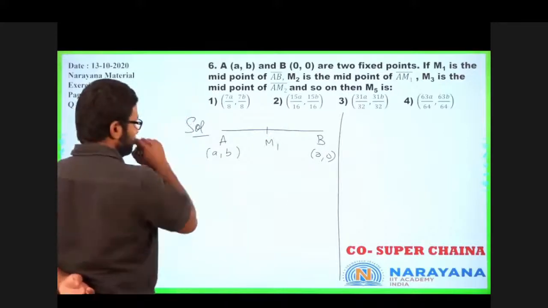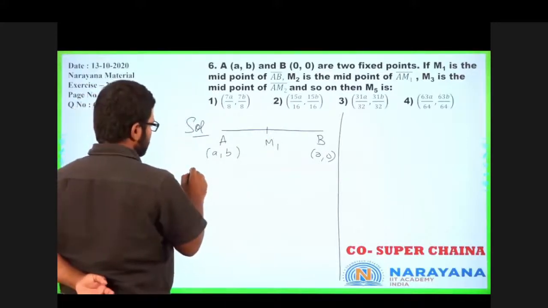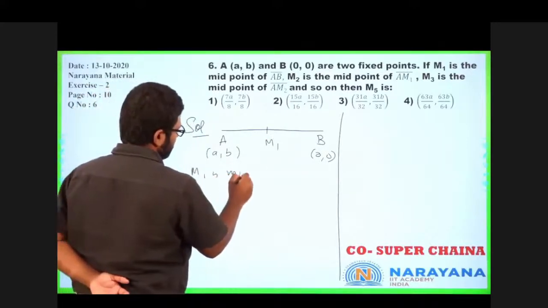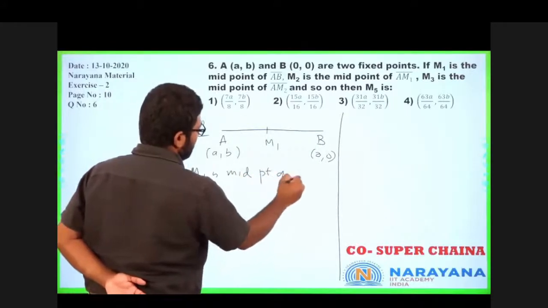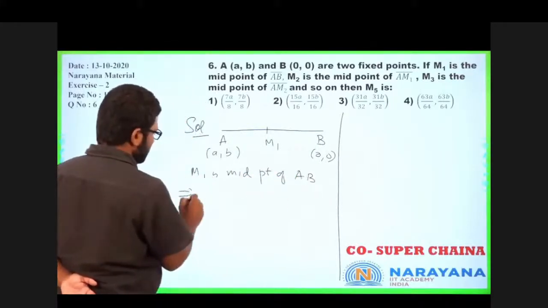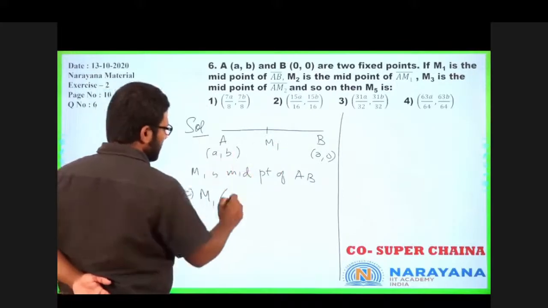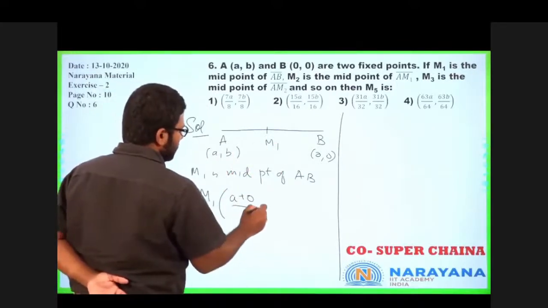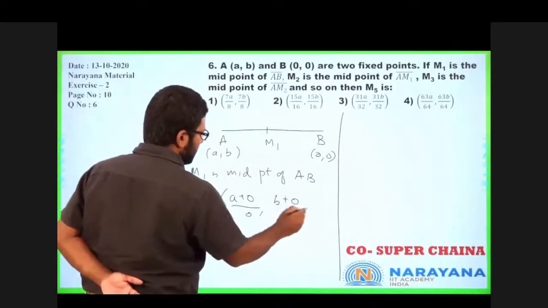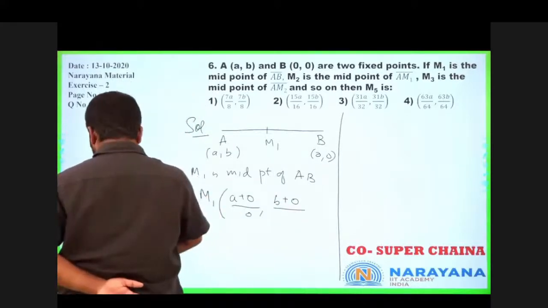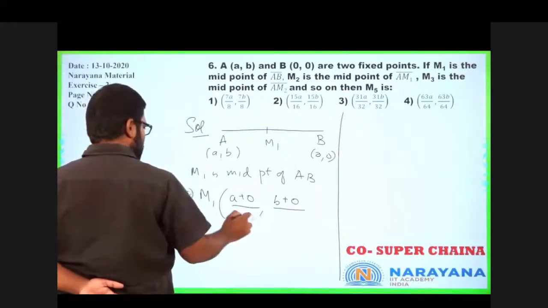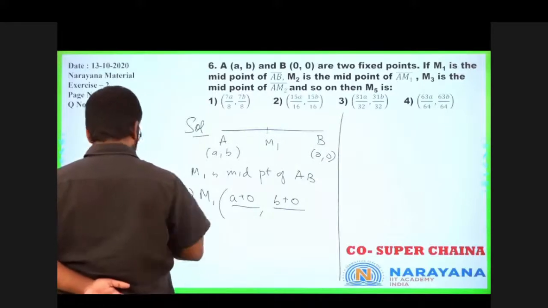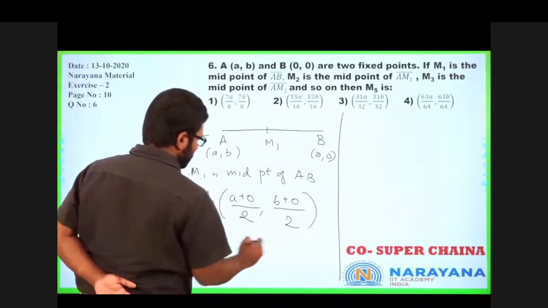M1 is midpoint of AB, which means M1 will simply be (A plus 0) upon 2, (B plus 0) upon 2, right?